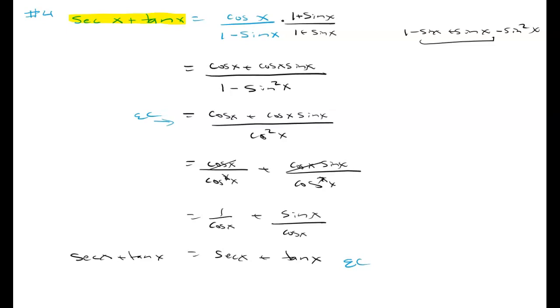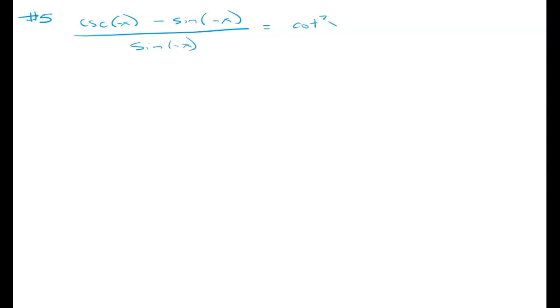All right, so let's try one more, and we're going to do the same thing on this one. So you're going to press pause just a second. So this is the cosecant of negative x minus the sine of negative x, all over the sine of negative x, is equal to cotangent squared of x.